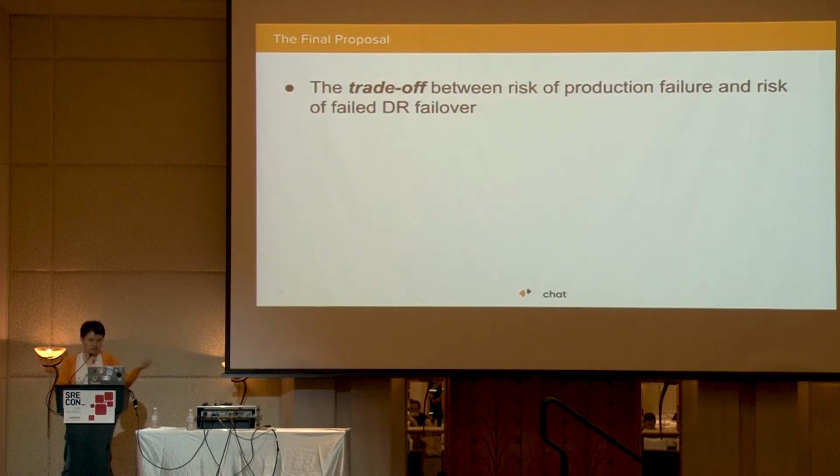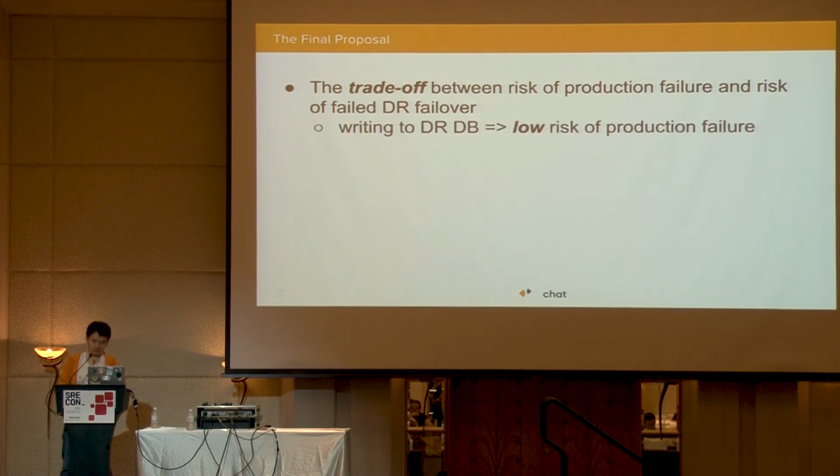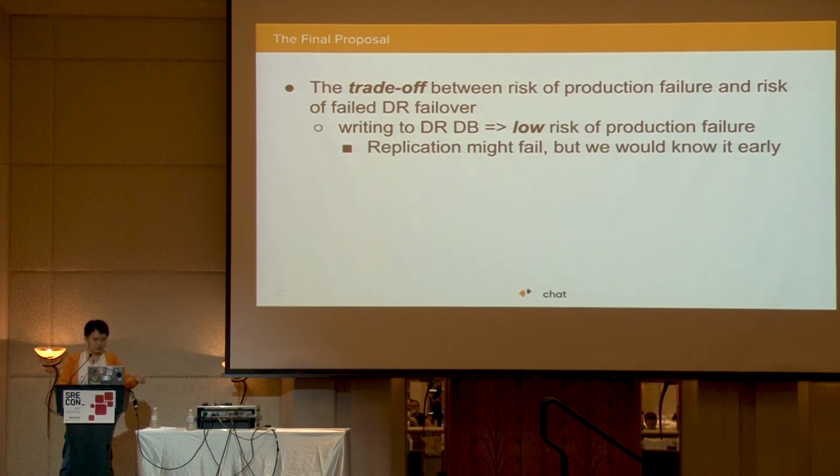So coming back to the trade-off again, writing to the DR database seems to be low risk now, because replication may fail, but if it fails, we will know it now. You won't have to wait until, like what we did the last time, until we are in DR and we try to fail over back to production, and we discover that the network link is not working.